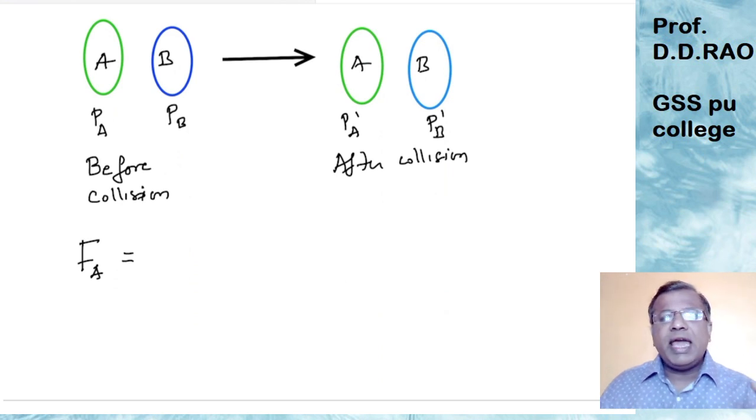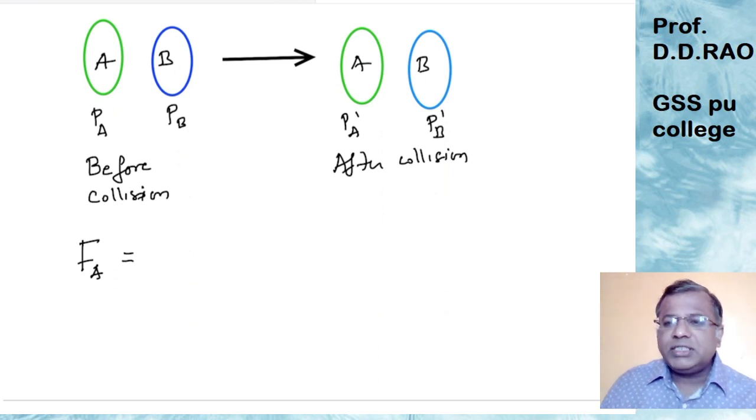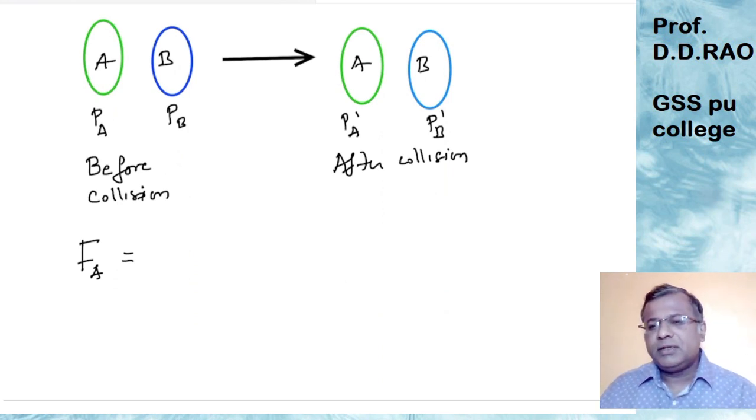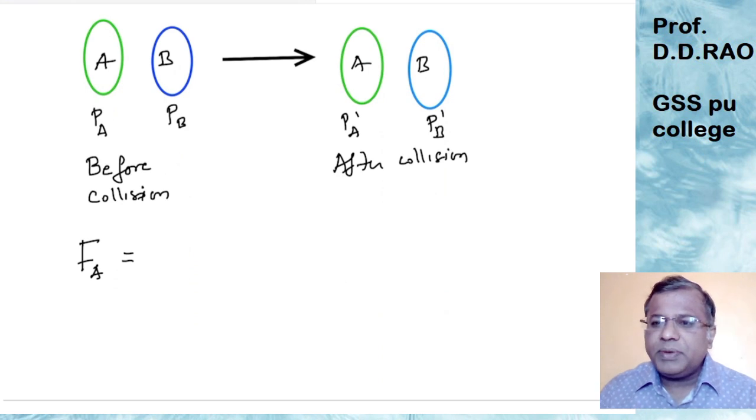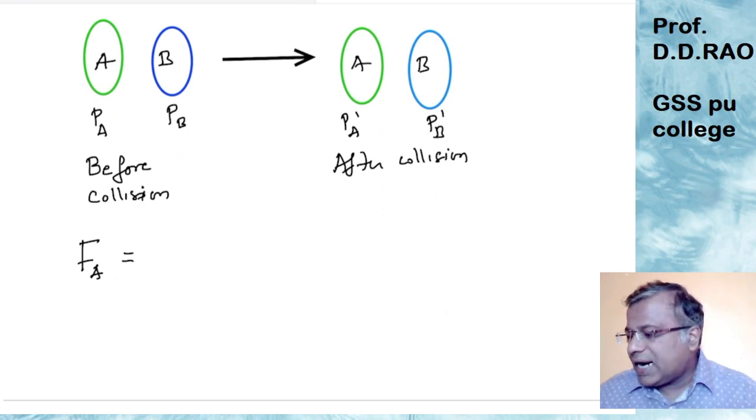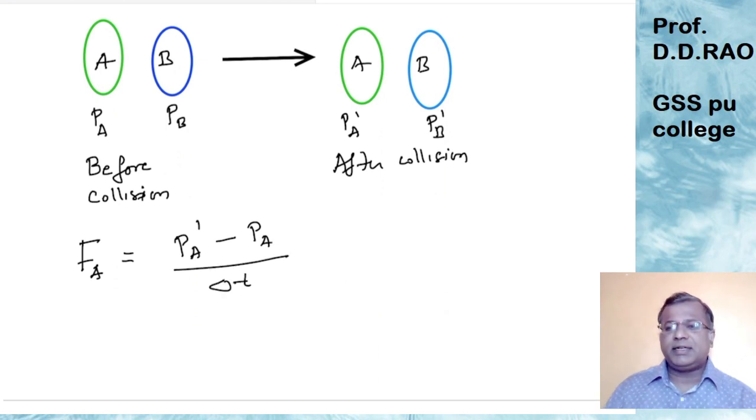So A after collision had a momentum PA dash, and before collision its momentum was PA. So when collision took place, surely something happened to A. You will see that its momentum changed from PA to PA dash, and let us say it changed in a very small time delta t.